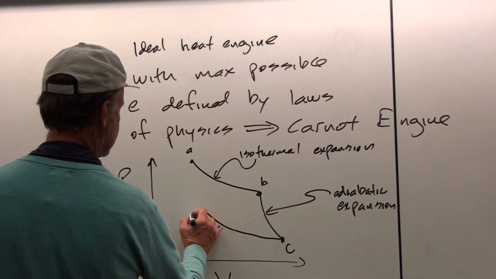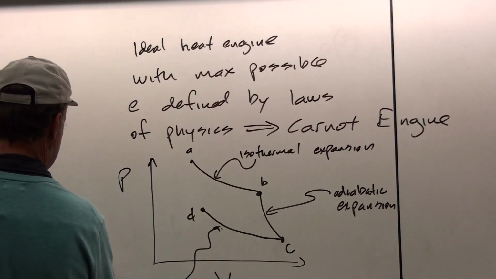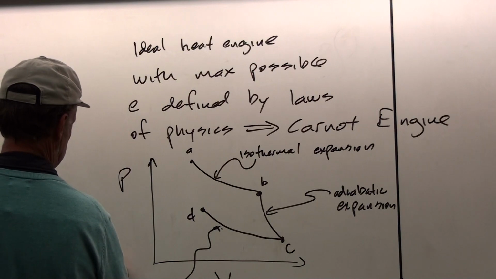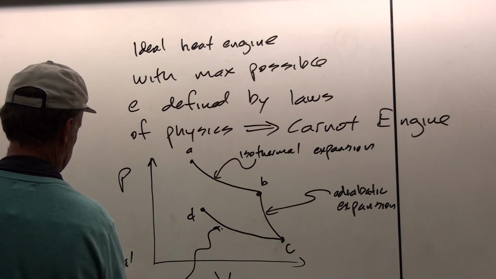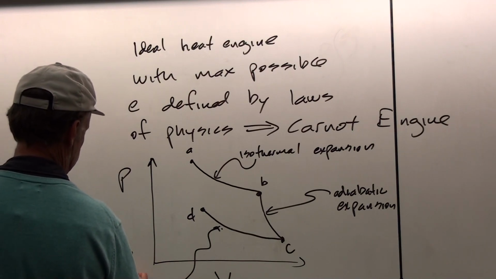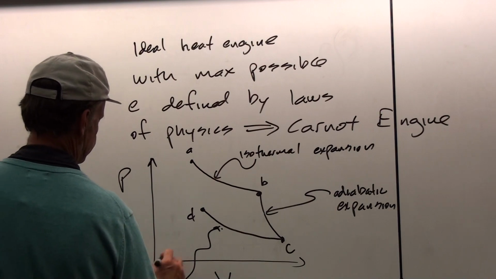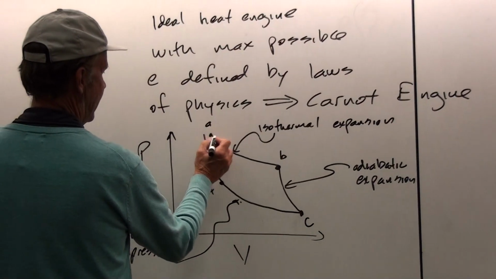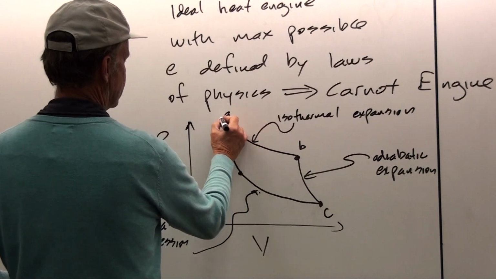So here, this is an isothermal compression. And then finally from D to A is an adiabatic compression.